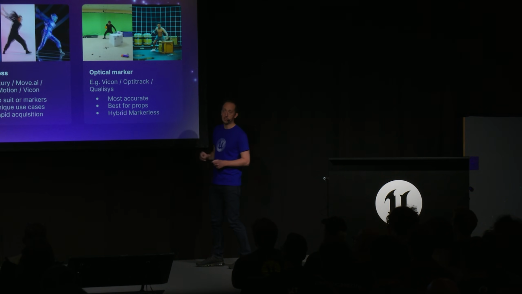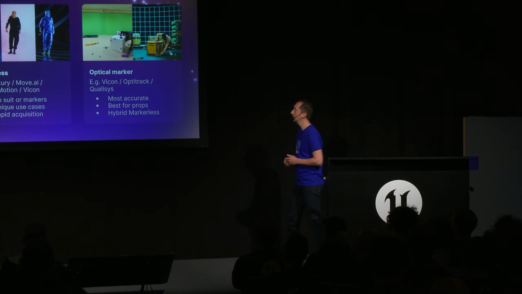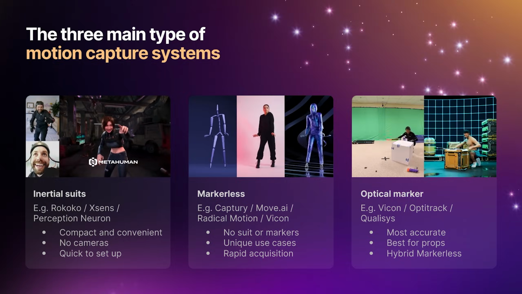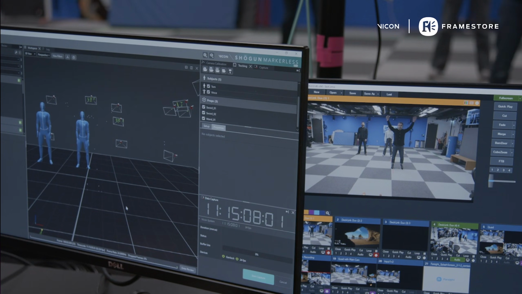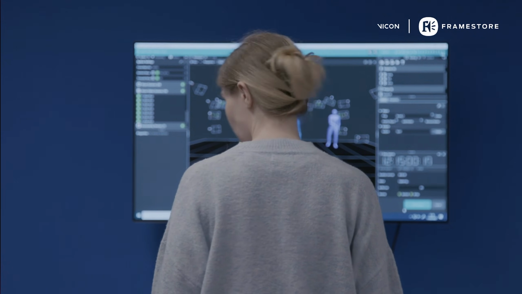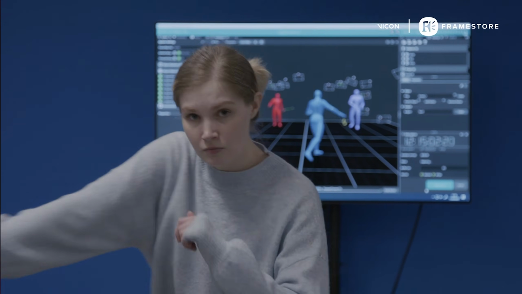Hybrid markerless is now a thing. It didn't take very long. One of the things that's tricky about markerless systems is it's not necessarily very easy to track a prop. And as you can see in this video, Matt's using a lot of props. In Vicon's case, and this video is courtesy of a collaboration with Framestore, you can see their hybrid markerless solution.